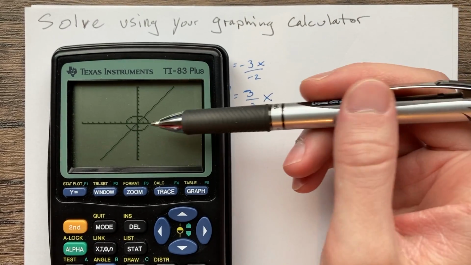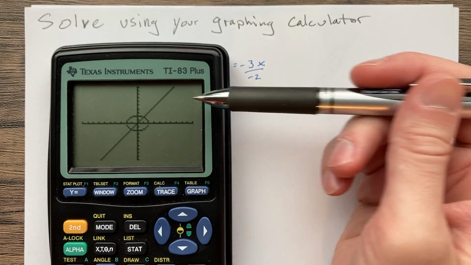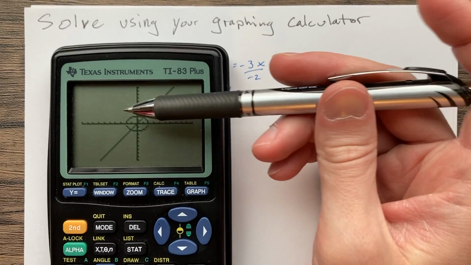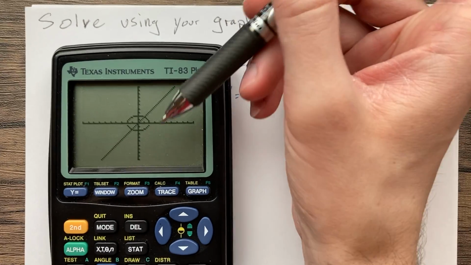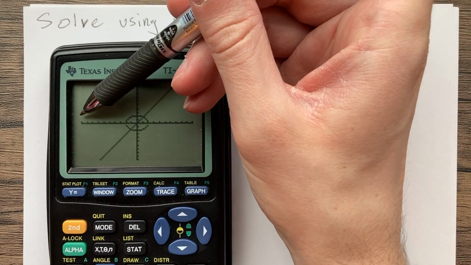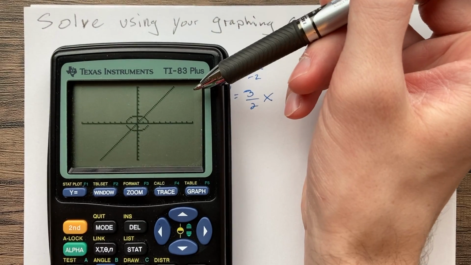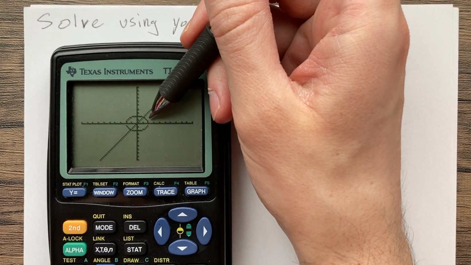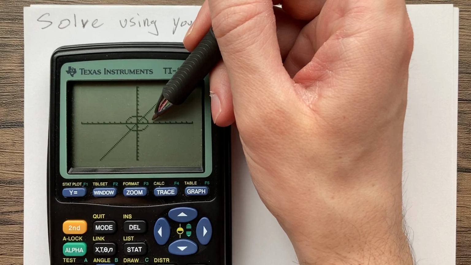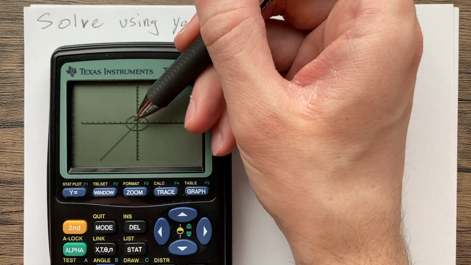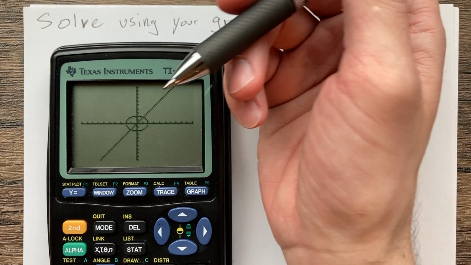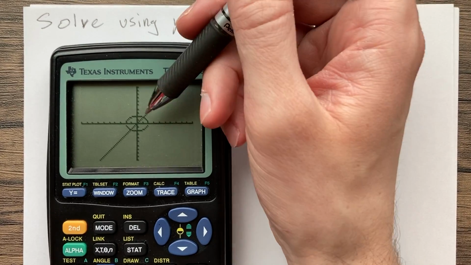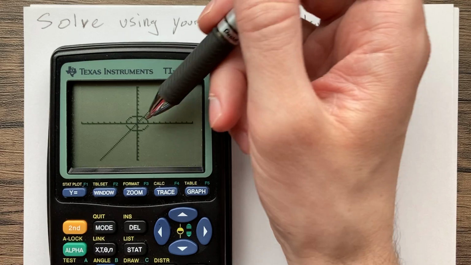That just has to do with the pixels of the calculator and the screen, the aspect ratio, to use some fancy terms. The screen's wider than it is tall, and so the space between one of these x points on the scale is wider than the space between the y scale. So that's why it's a little misshapen, but it is actually a circle.